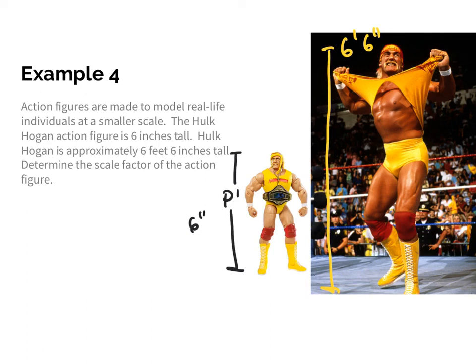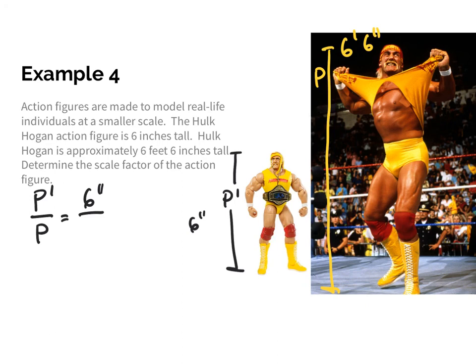So again, as we do this to find the scale factor, what we're doing is we're comparing the original object, I'll call that P, to the scaled down version, which in this case is the action figure P prime. Anytime we want to find our scale factor, we're going to take our image length, or height in this case, and we're going to divide it by our original. So we know right now that the image, which is our action figure, is 6 inches tall.